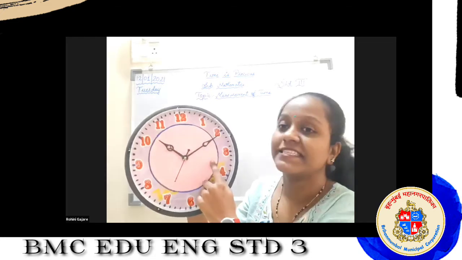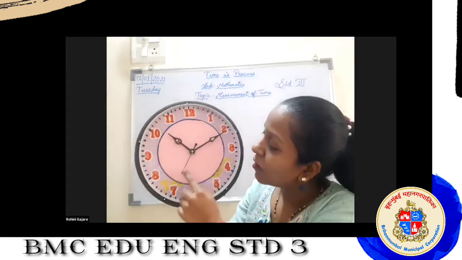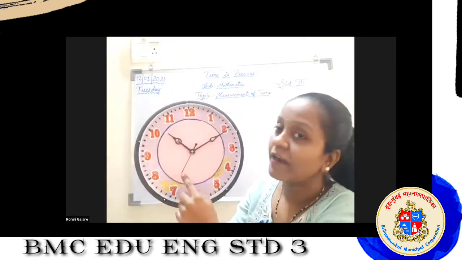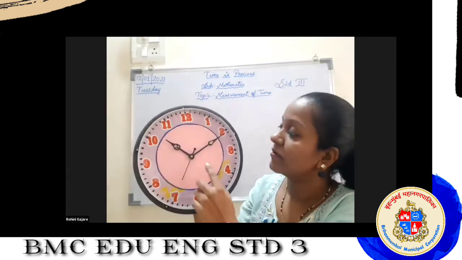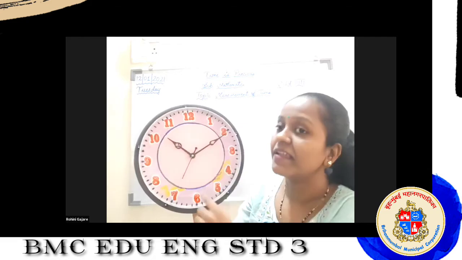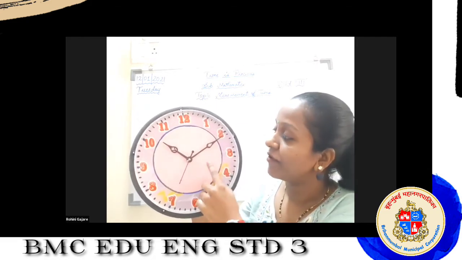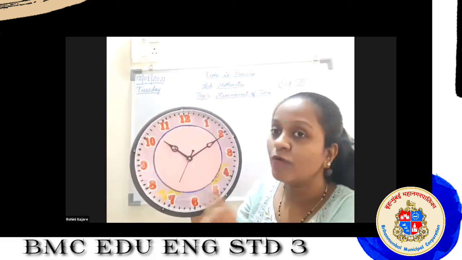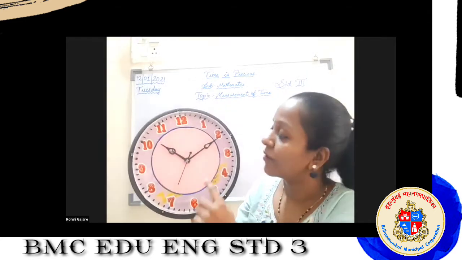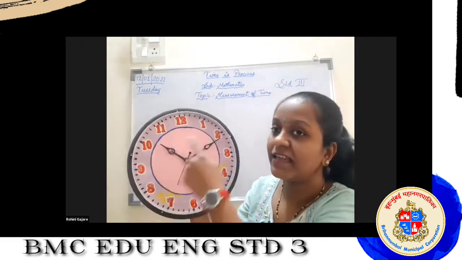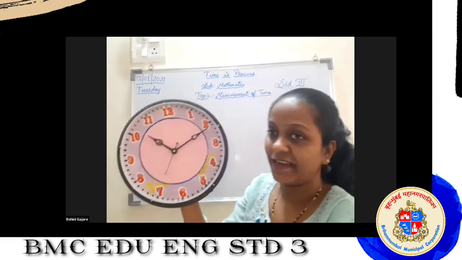And the long hand is called the minute hand. The thin hand is called the second hand. Okay, now both the hands are there in the clock. Now, children, the long hand moves faster than the short hand.